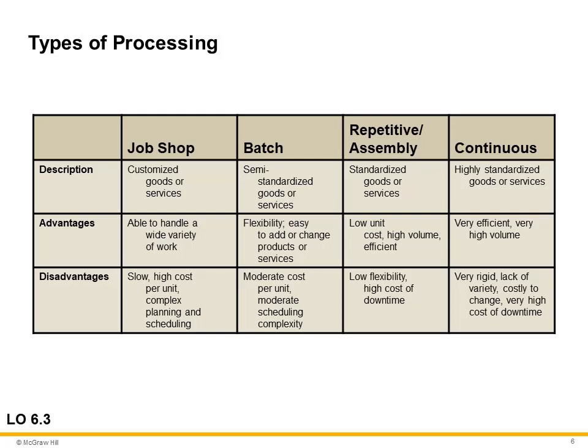And let's talk about assembly line, because job shop and batch are kind of similar. In assembly line, we have a similar work on products. It's doing the same task on products that we call standardized goods or services.